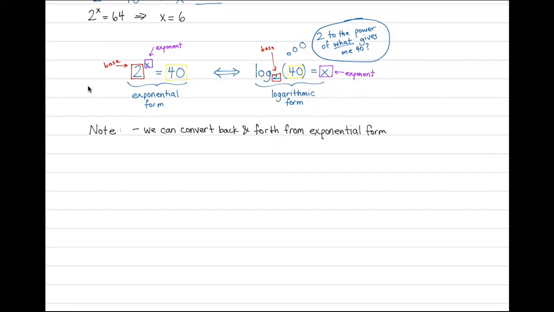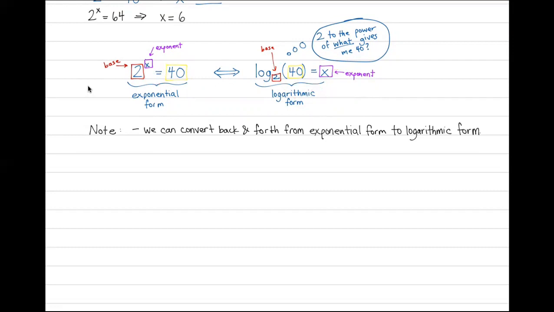Remember that was this thing over here. We can convert back and forth from exponential form to the logarithmic form. So if we see it in log form and we don't like it, we can rewrite it this way. If you see it this way, you can always rewrite it that way. They mean the same thing.